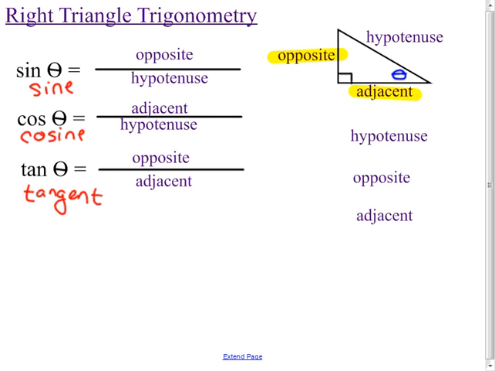Sine, cosine, and tangent are dealing with an angle. That's why it says sine theta, cosine theta, tangent theta. There is a theta after each of these, and it's just the ratio of 2 specific sides. It's a ratio, a fraction. A shortcut to remember this is SOHCAHTOA.